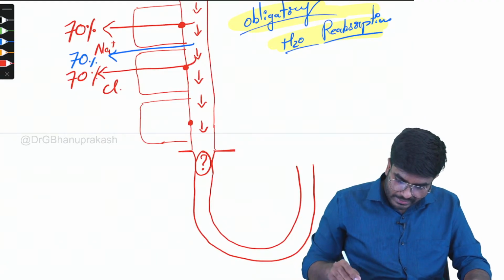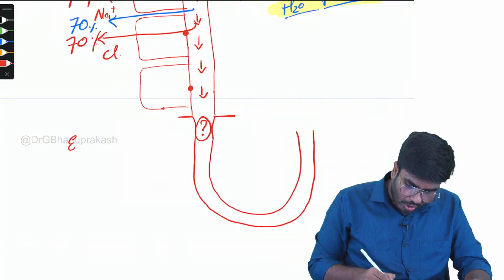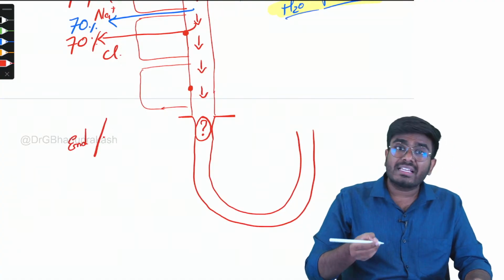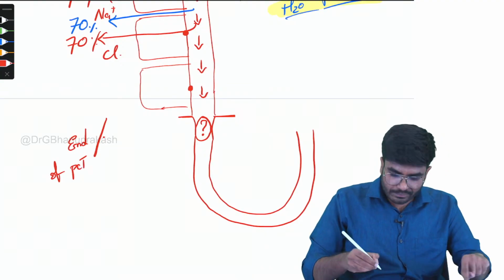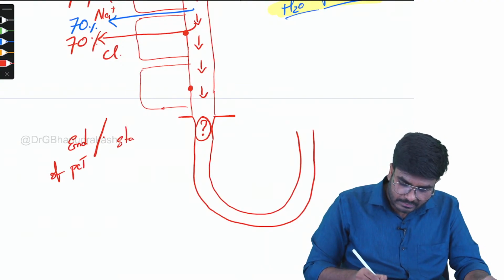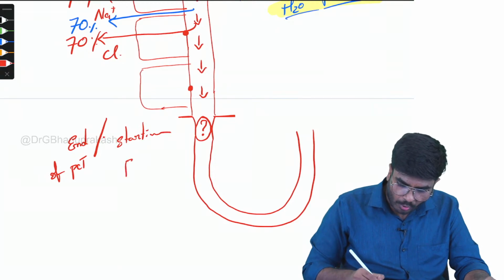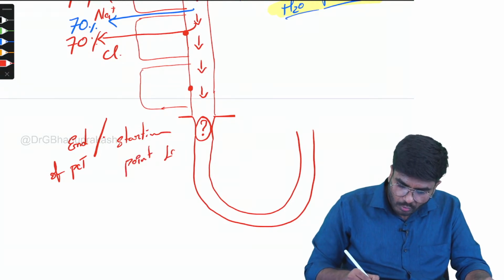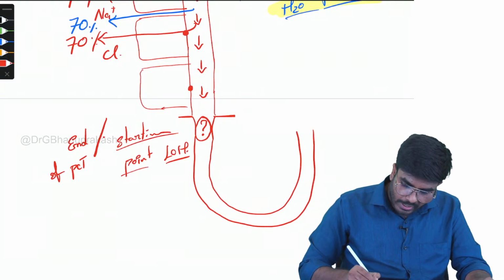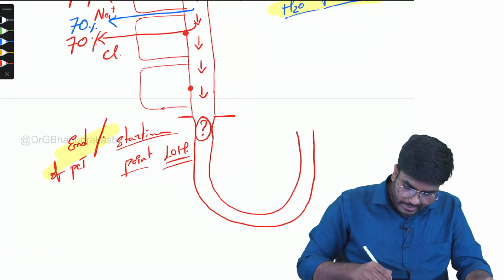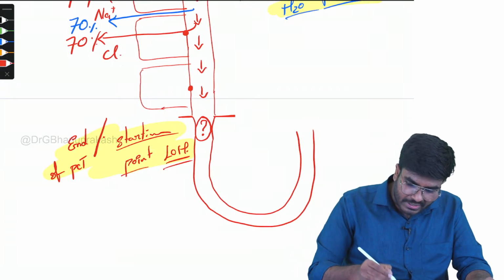The osmolarity is same at the end of PCT, or in the starting point of loop of Henle, the descending limb of loop of Henle. Okay. Now, osmolarity is same. Why same, sir?